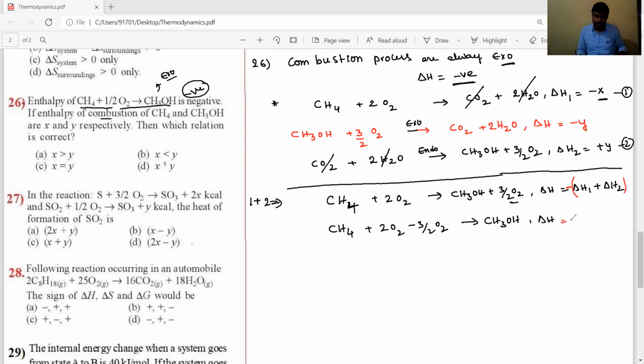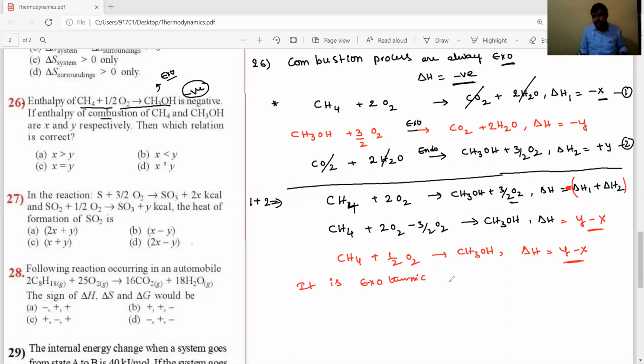So this is nothing but, sorry dear student, delta H1 plus delta H2, and this value is y minus x. Y minus x is nothing but CH4 plus half O2 is converted into CH3OH, delta H is equals to y minus x, but it is an exothermic process.